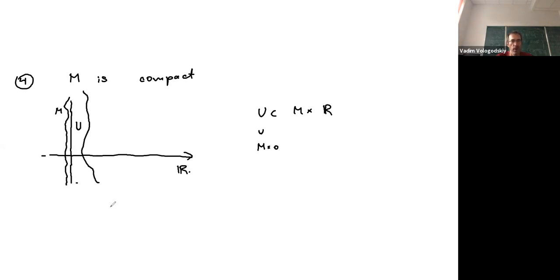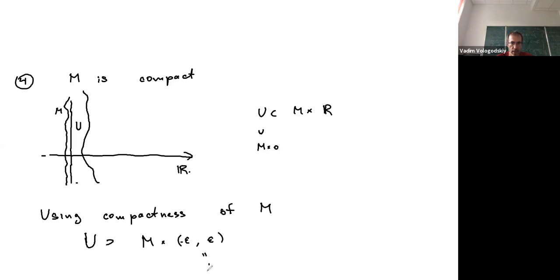But now, using compactness of M, any open subset which contains this M times 0 contains kind of a cylinder, which is M times the interval minus epsilon, epsilon.